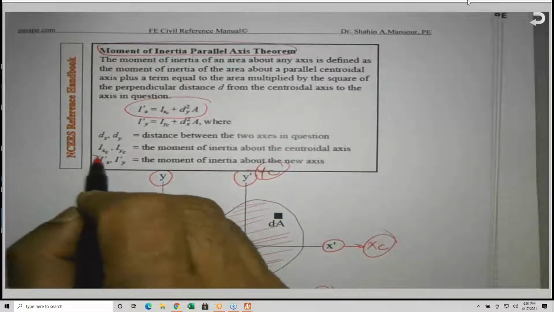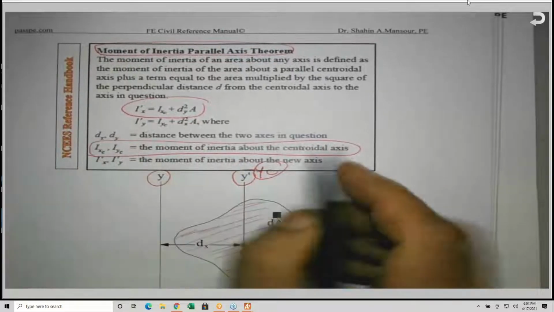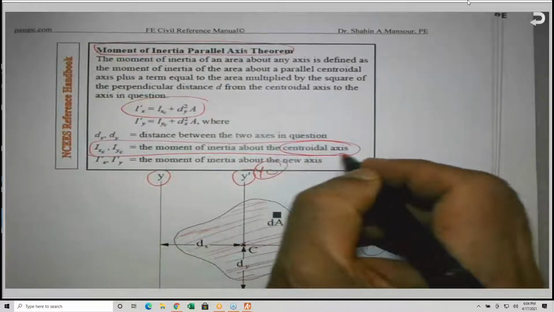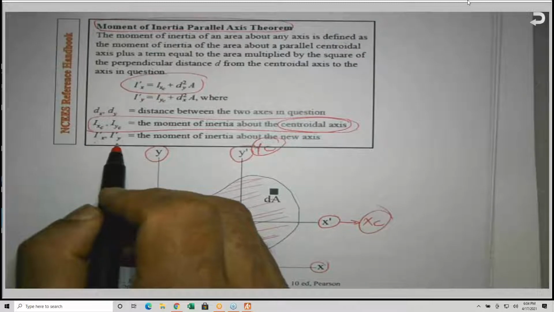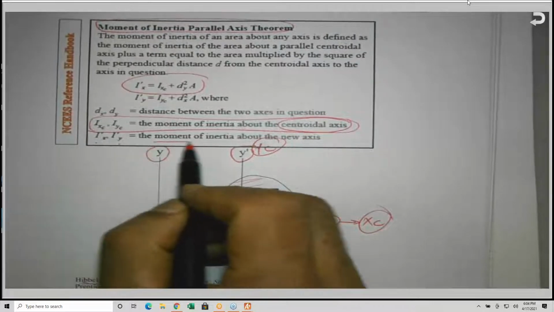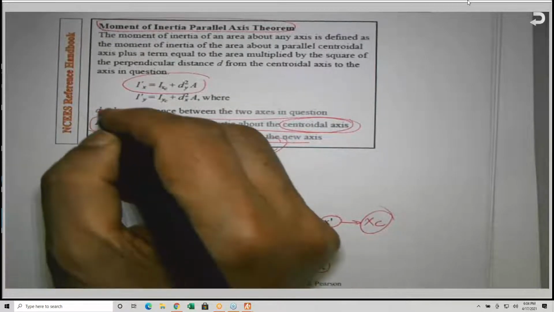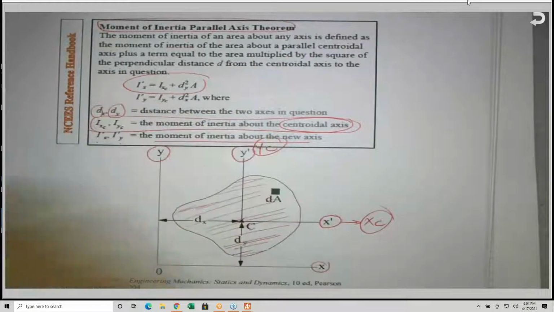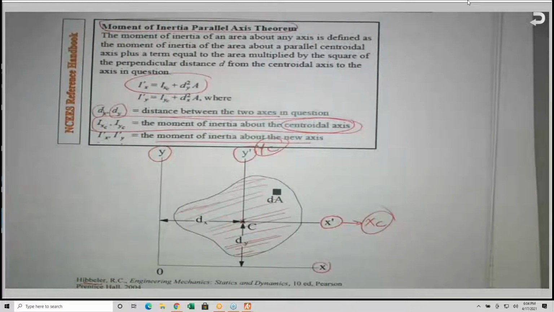The IXC and the IYC are the moment of inertia about the centroidal axis. Here it is, centroidal axis. And IX prime and IY prime are the moment of inertia about a new axis. And dx and dy are the distance between the two parallel axes.